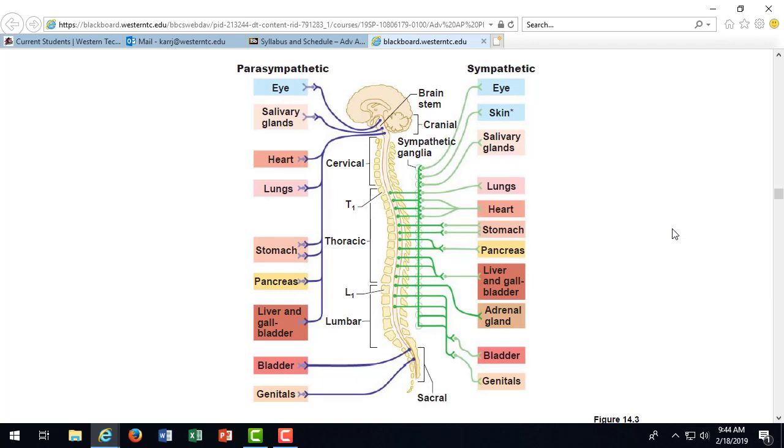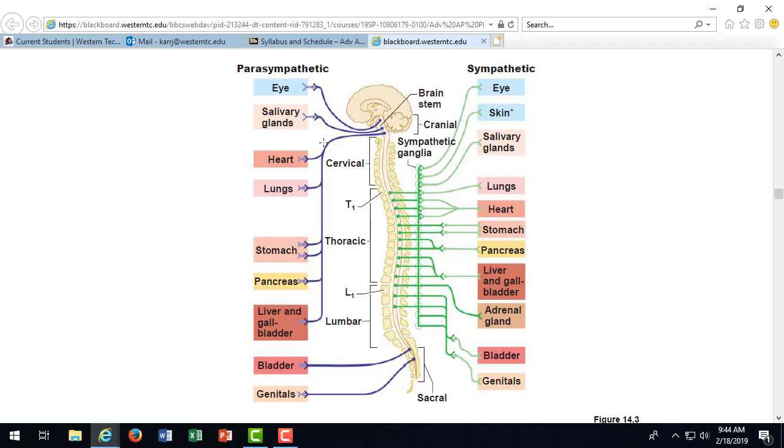So the cranial nerves that serve the eye are the oculomotor and optic nerves, right? The salivary glands, remember which one was in charge of salivation? Trigeminal.